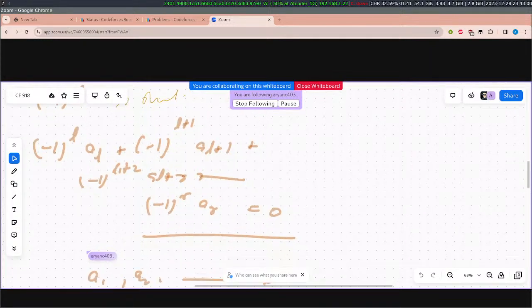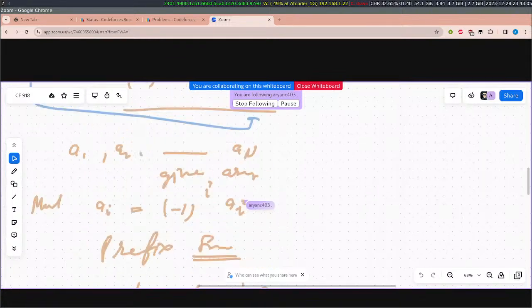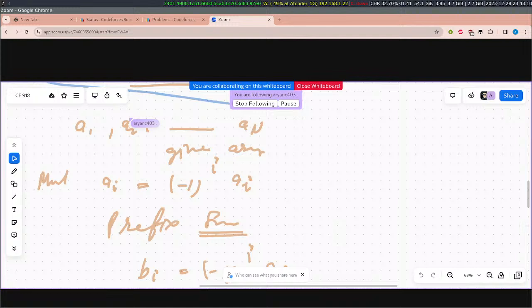Now based on this form, what we do is first we create a new array b, which is minus 1 multiplied to the power that element.